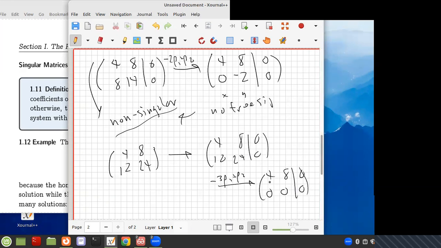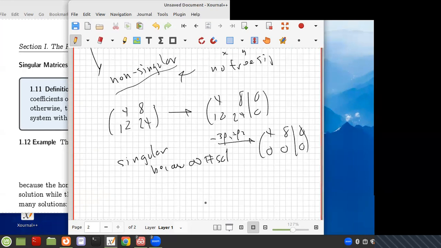And then you have a free variable, so it is singular, because there are an infinite number of solutions, because you have a free variable.